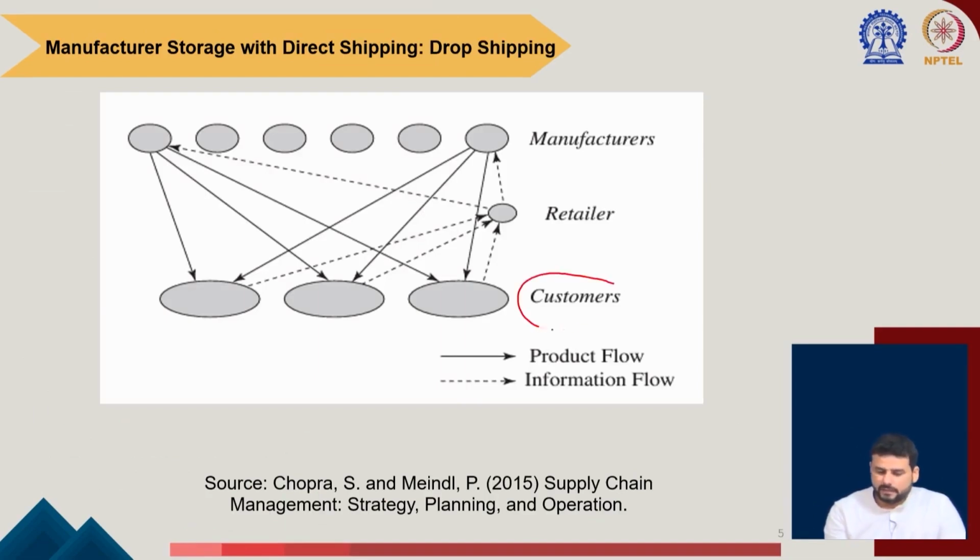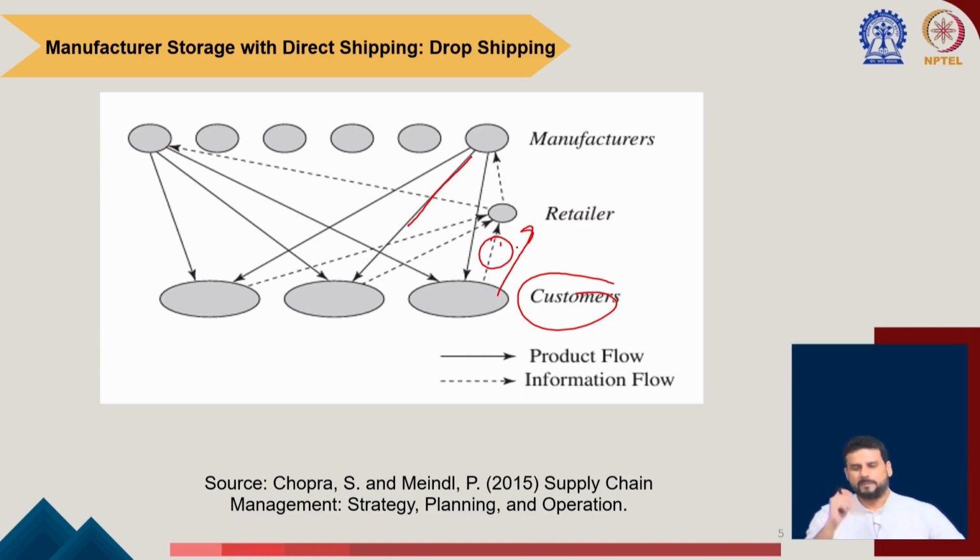Okay, the dotted lines represent the information flow and the solid lines represent the product flow, right? Customers usually visit the retailer and get all the information related to the product, right? Like with heavy items, let's say you are buying heavy appliances for your home, or furniture or tiles or marble for your home, right?